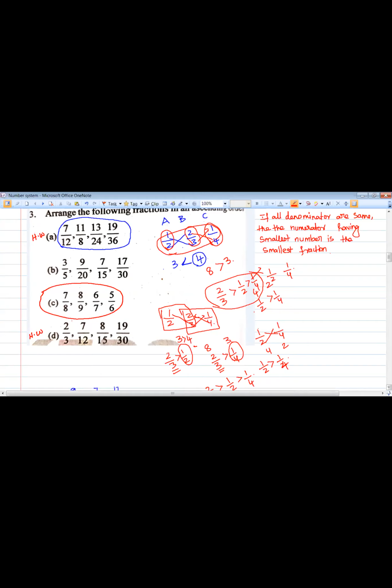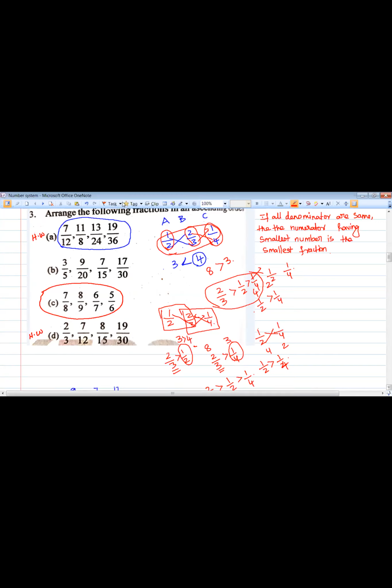Good. Everyone start to solve question number C. In which note should we do it? You have to keep a separate note for Max Foundation classes.